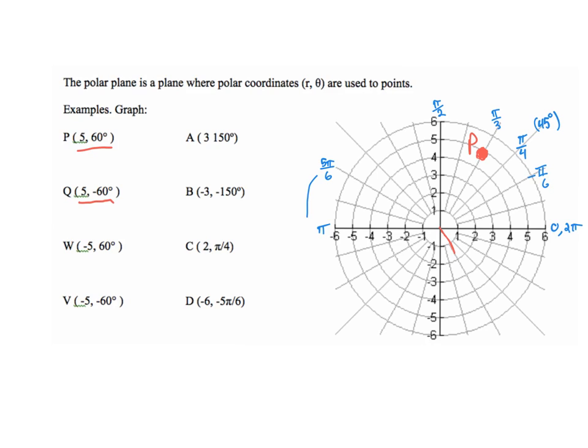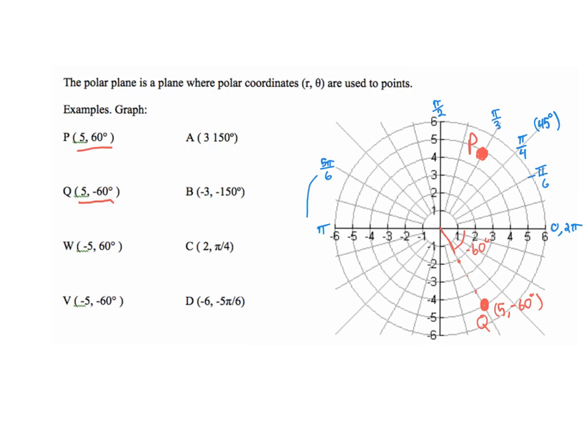I'm going to count it: 1, 2, 3, 4, 5. So this would be point Q. That is 5 comma negative 60 degrees, simply because I'm out 5 units away from the origin, and this angle is negative 60 degrees. Okay.